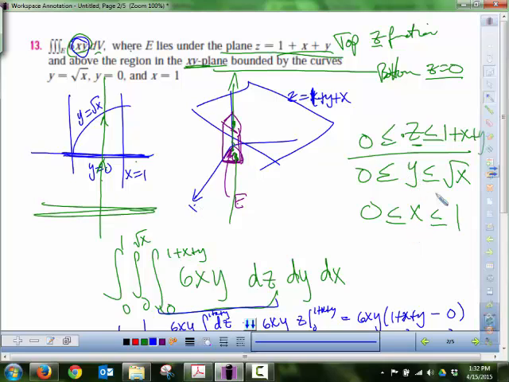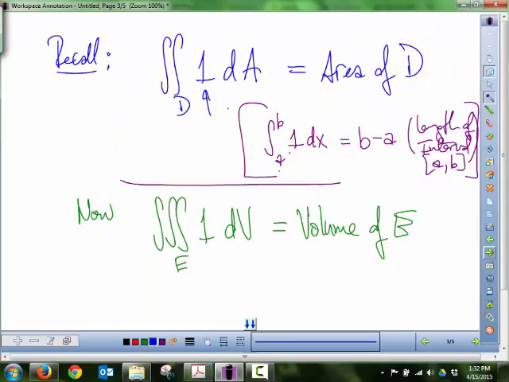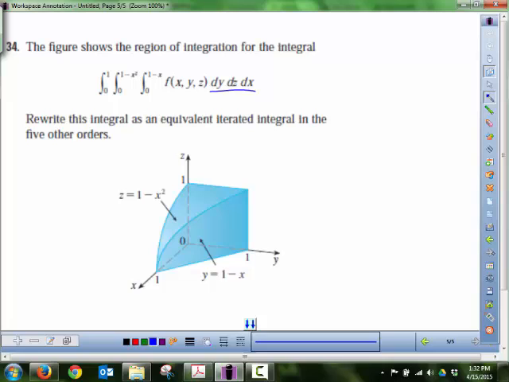So I would write it 2 different ways, but I would definitely integrate with respect to z first there, because there's a big gap over here in the changing stuff. I'll let you think about why that one has a limited number of integration methods, versus this one, which you can integrate easily in 6 different ways.